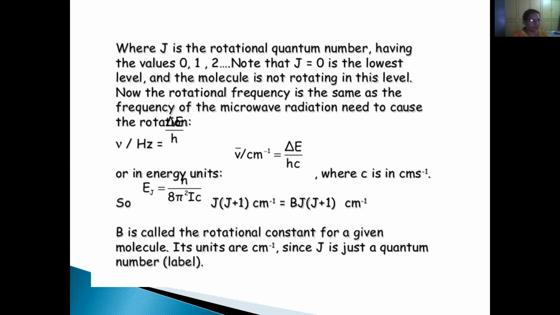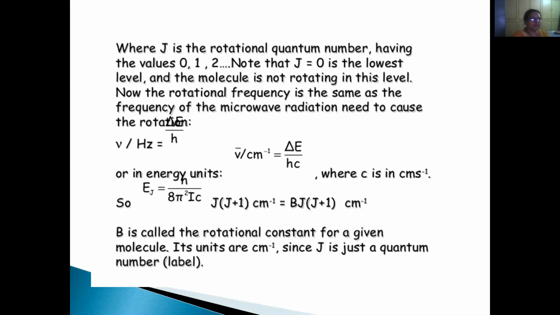So wave number is equal to delta E by hc. Taking this in the Schrodinger wave equation, we get B J into J plus 1 per centimeter. Per centimeter is the unit for wave number. B is called the rotational constant for a given molecule, and its units are per centimeter since J is just a quantum number.